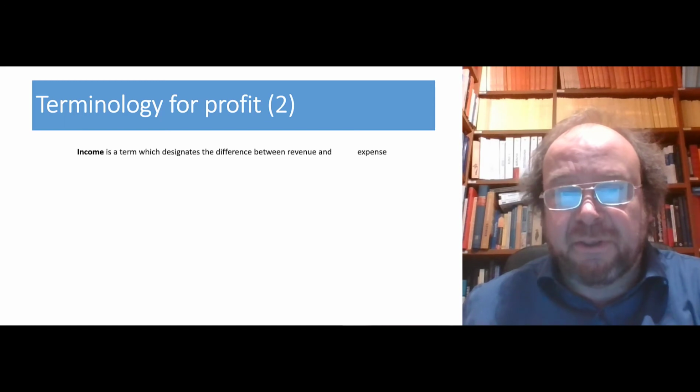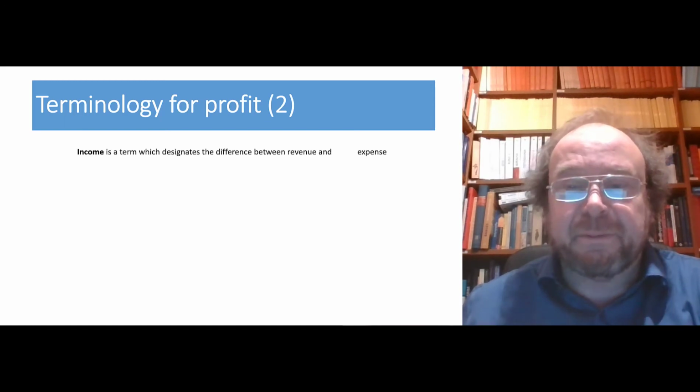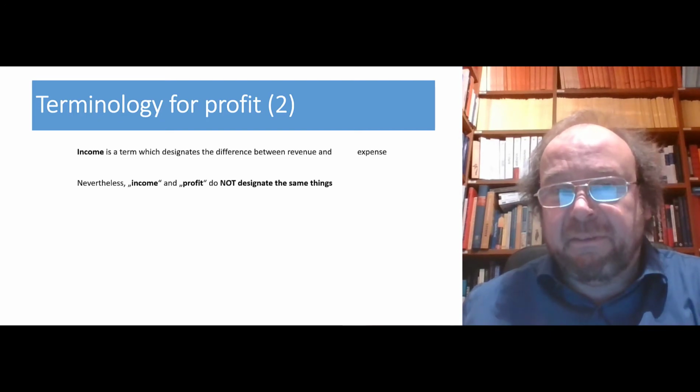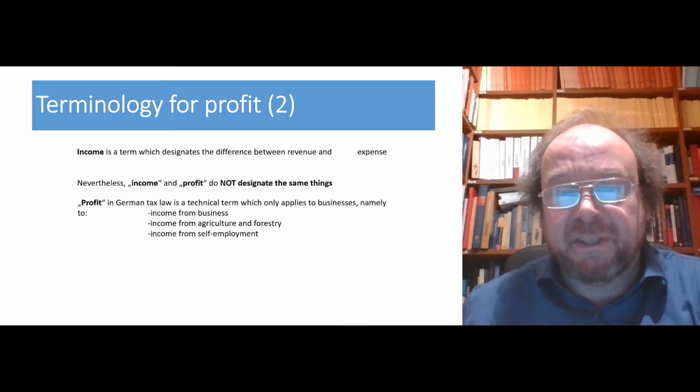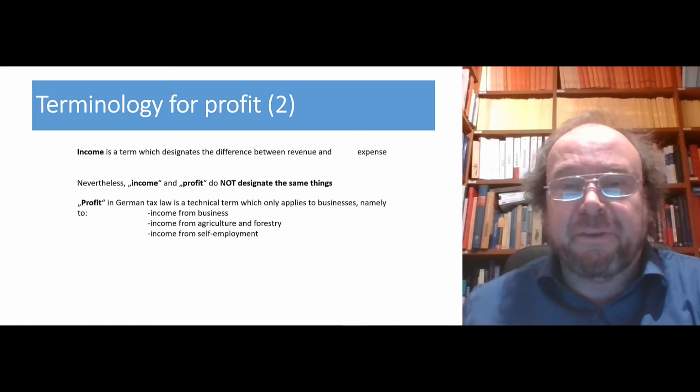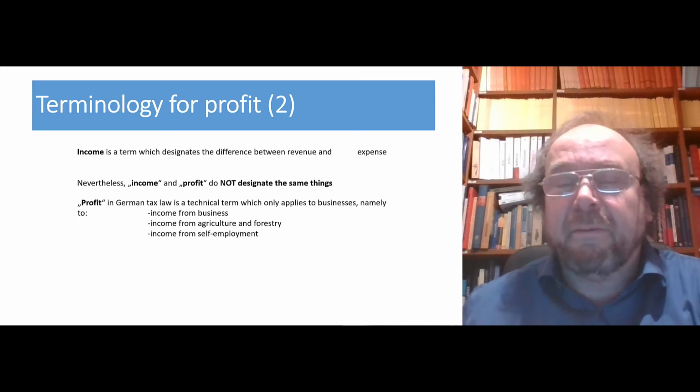Income is also a term which designates the difference between revenue and expense. Nevertheless, income and profit do not stand for the same thing, because in German tax law, profit is the special term for the income from businesses.